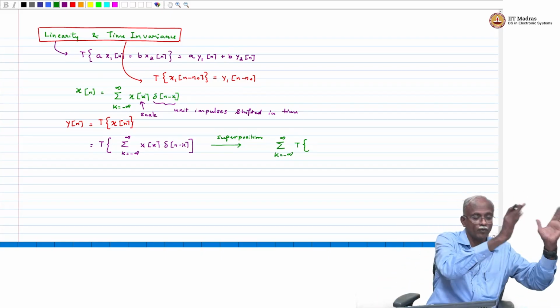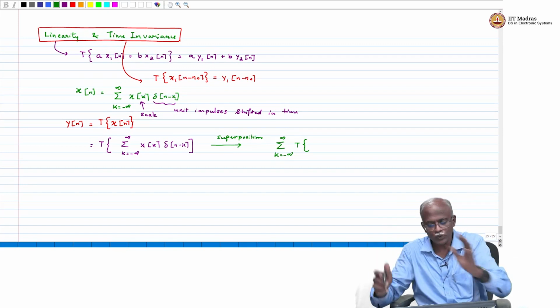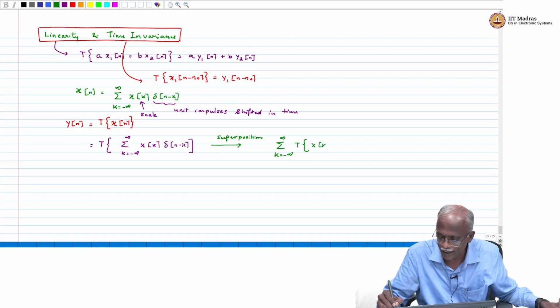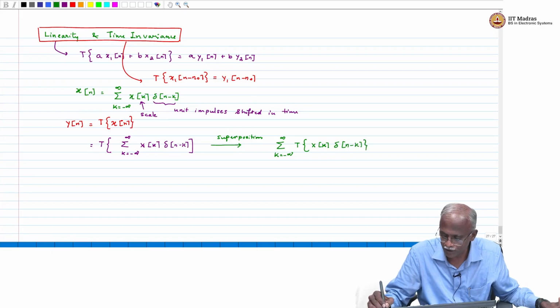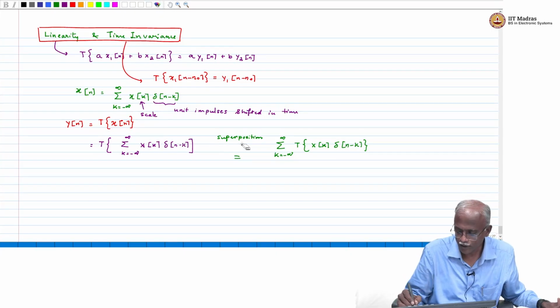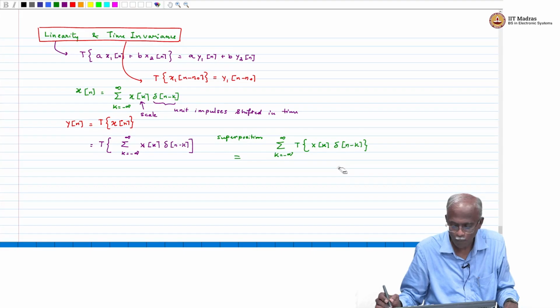The sum of the inputs is going to produce the same as the sum of the outputs. So, the outputs will be the transformation operating on x of k delta of n minus k. By the property of superposition, we have shown that this is equal to this. This is the step that we have.